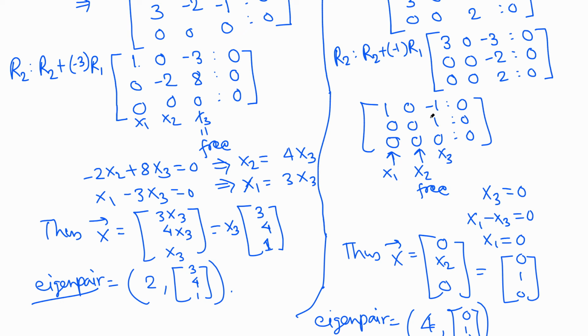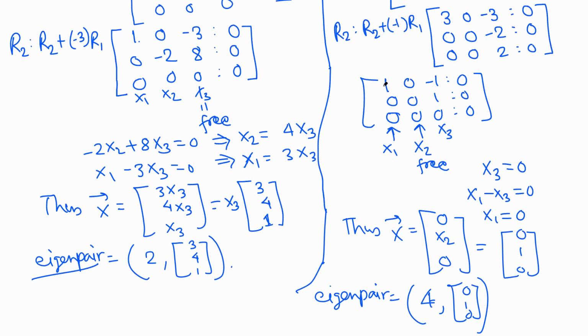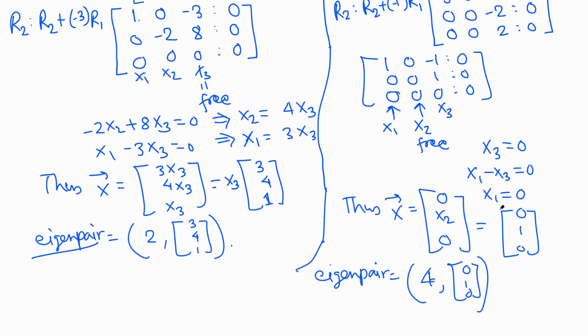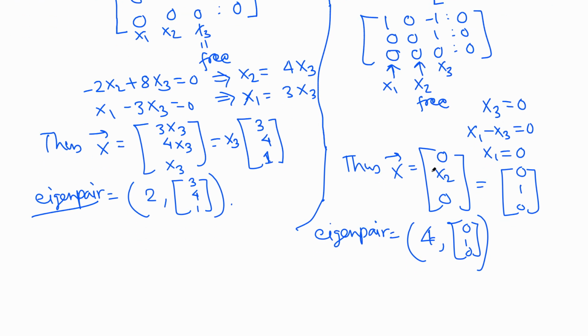Pivot here, there is no pivot, so x2 is free. So from this one, x3 is 0, x1 minus x3 is 0, and x3 is 0, so x1 is also 0. So in this case, x is x1, x2, x3. We can pull x2 out. We get 0, 1, 0.